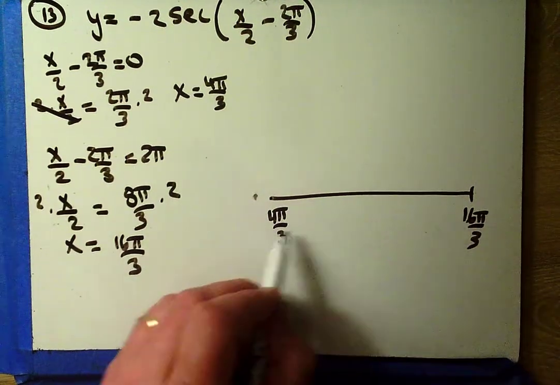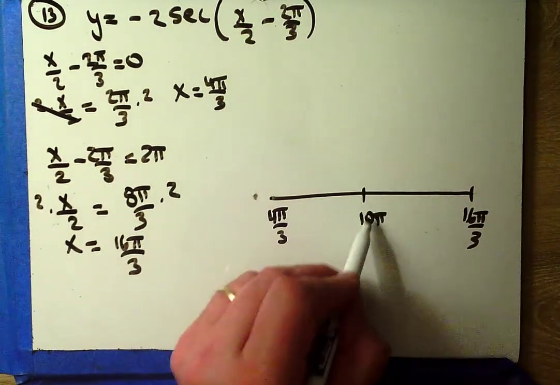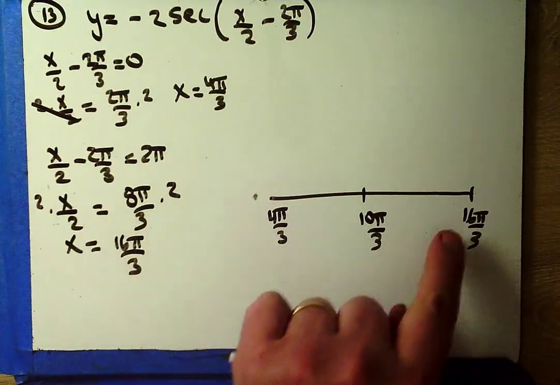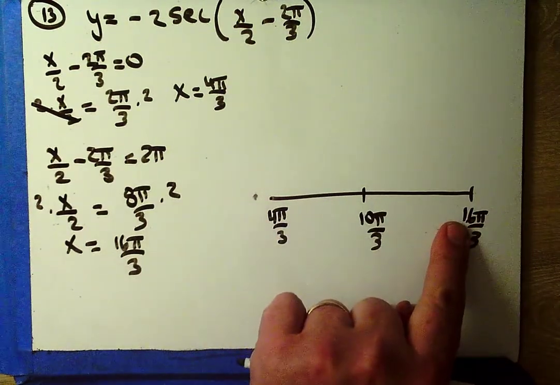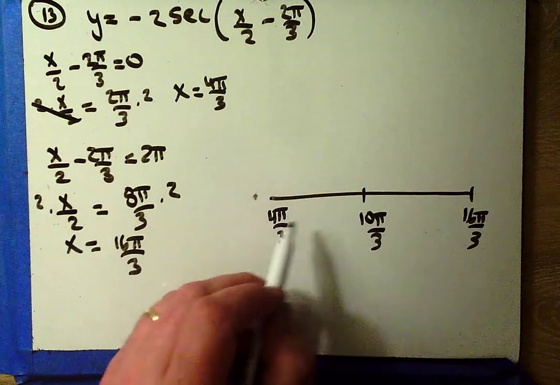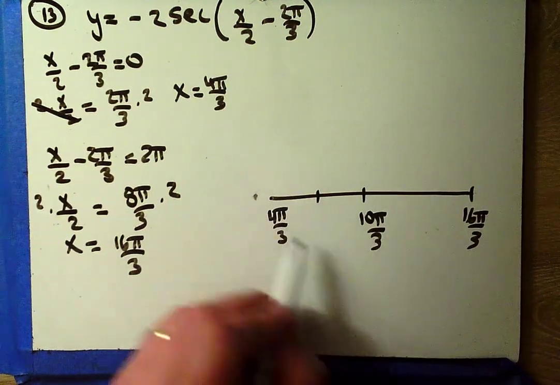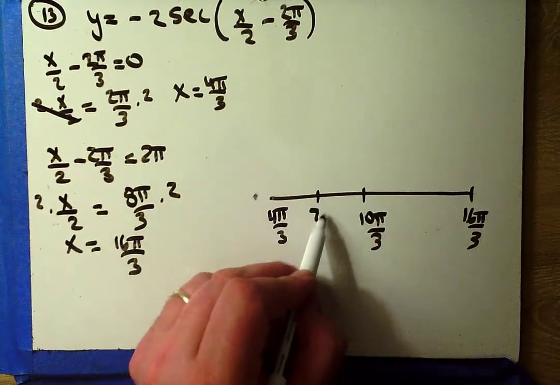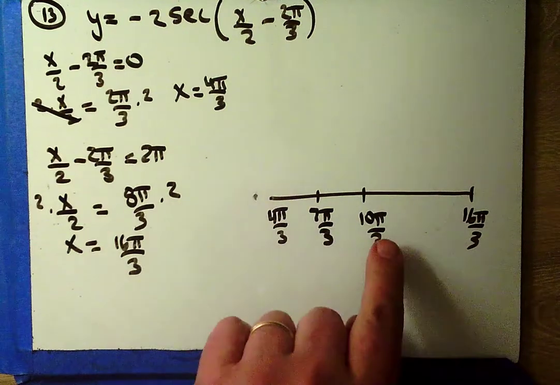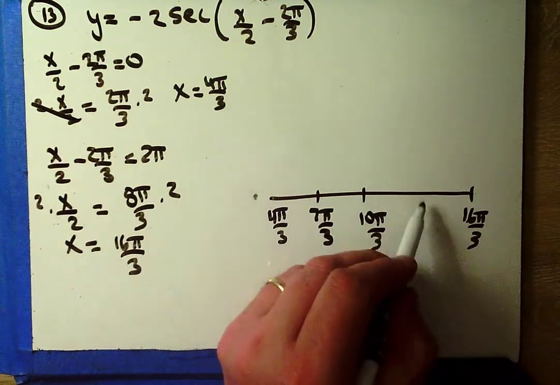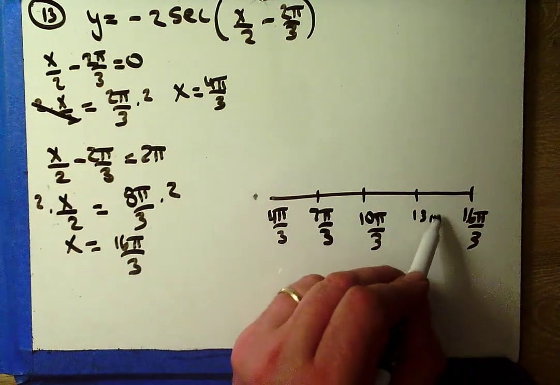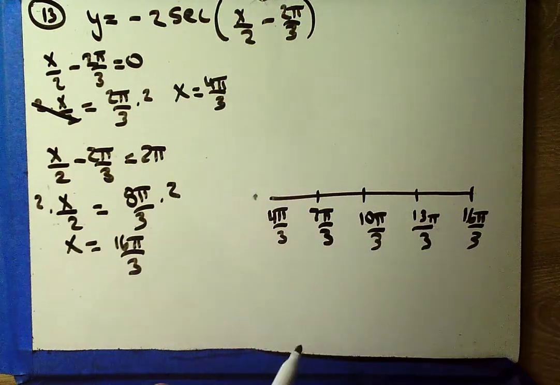Now halfway between these will be 10 pi over 3. I'm adding these together, getting 20, and dividing by 2. I need halfway between these, 14 divided by 2, and I need halfway between these is going to be 13 pi over 3.